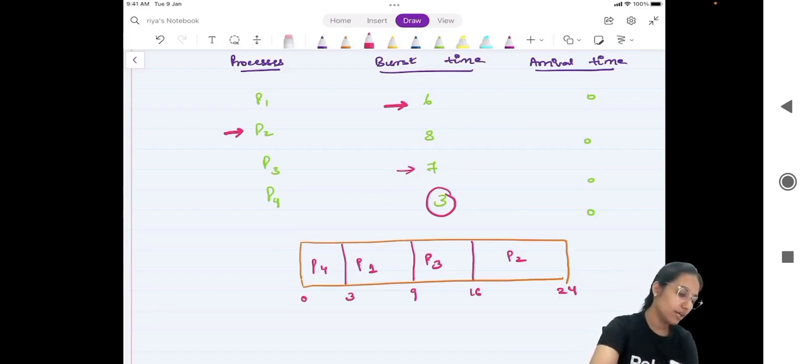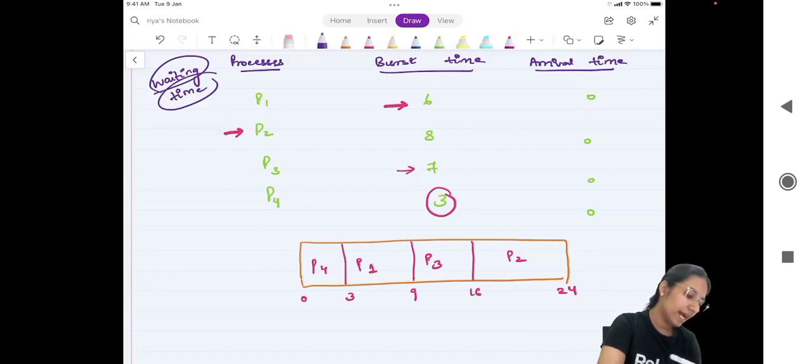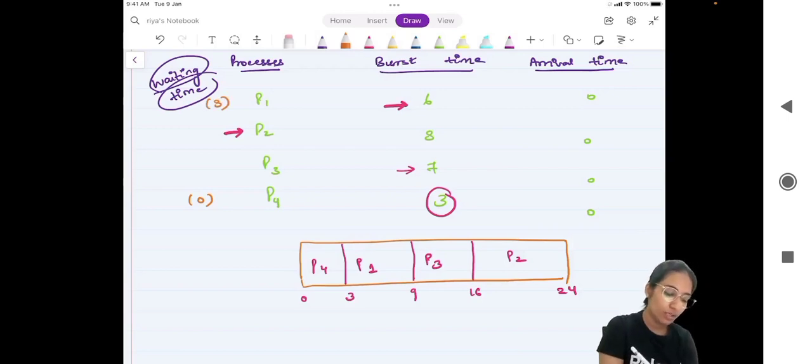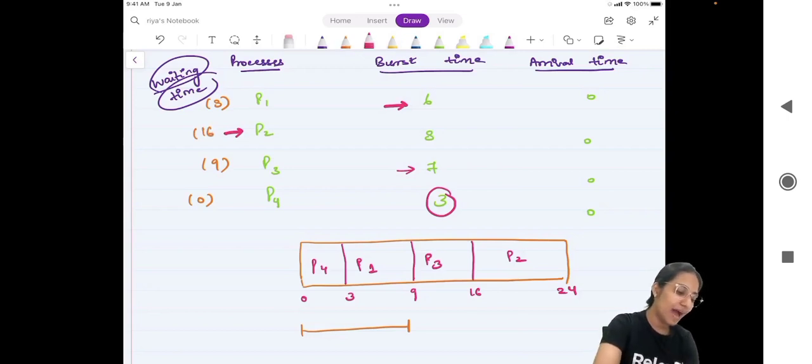In this case, the waiting time for process P4 is 0, for process P1 is 3, for process P3 is 9, because it had to wait 9 seconds in order to get started, and for process P2 it is 16. So what will be the average waiting time?